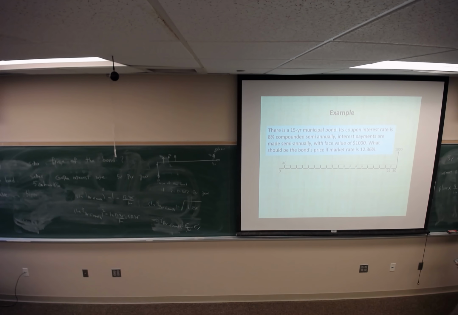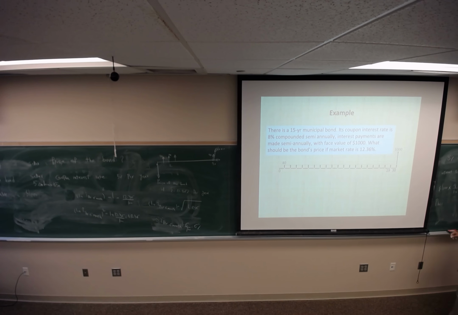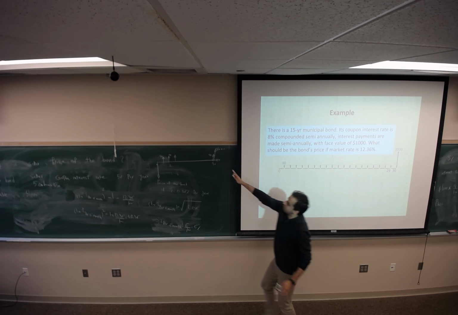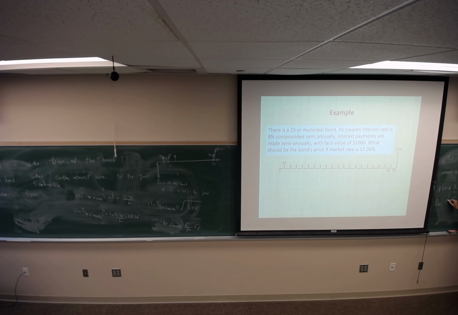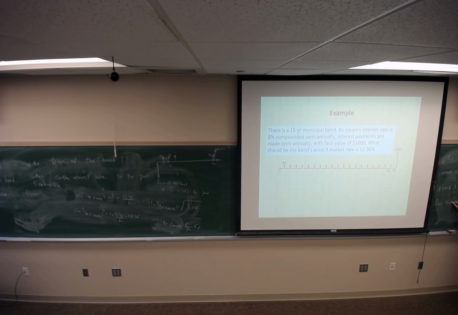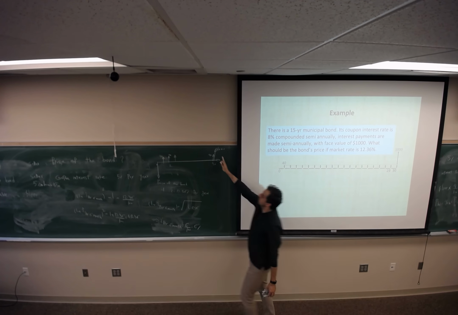Now, what would be the present worth of the payment? I have $40 as a uniform size of the payment. I'm looking for its present value. $40 multiplied by P over A, interest rate is 6%, N is 30, plus 1,000 times P over F, 6%, N is 30.